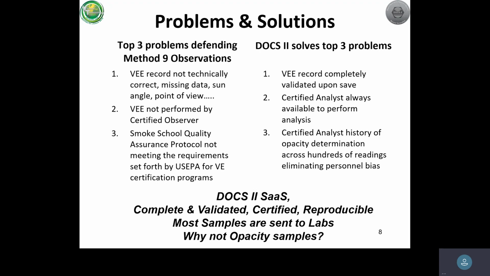So as a result, I'm not certified, but I still have a monthly reading requirement at my facility, so I'm going to go ahead and do it, because I know I want to do that, but I'm not certified until next week. So what happens is there's some type of an issue, and then they go back through and audit that with the smoke school records, and they find out, well, you weren't certified when you did this. So that was the other one.